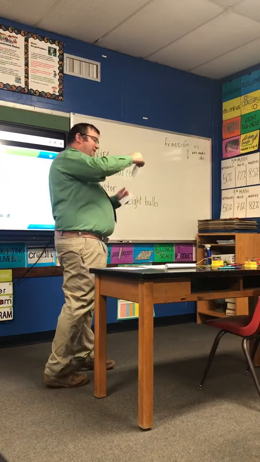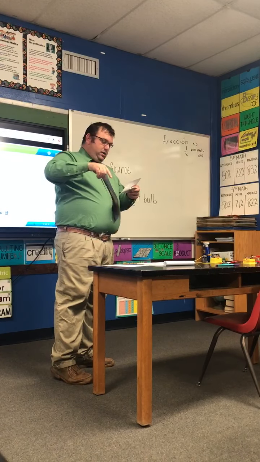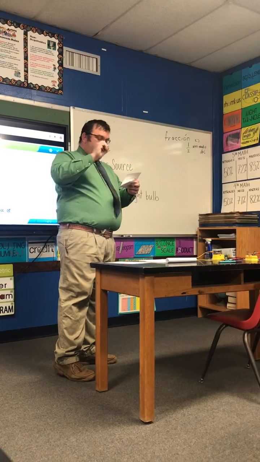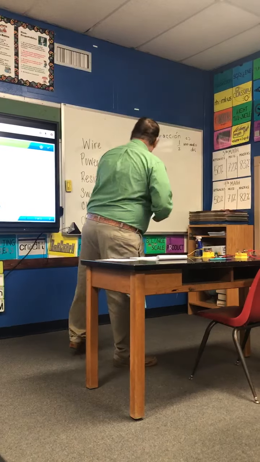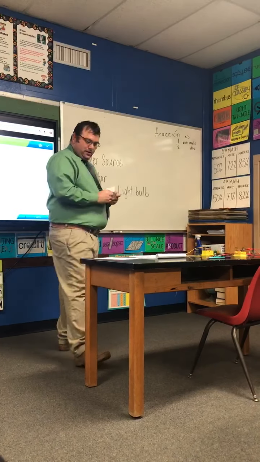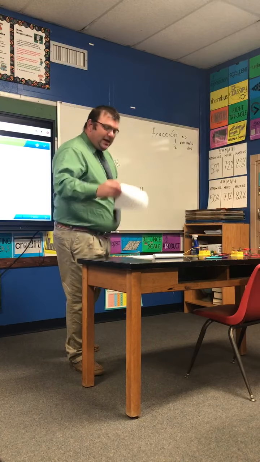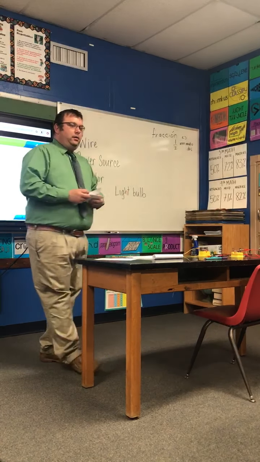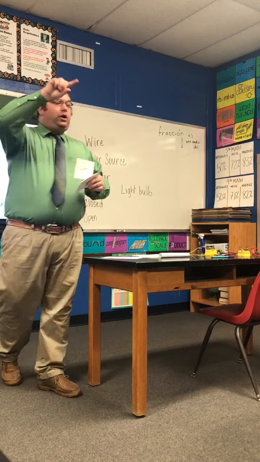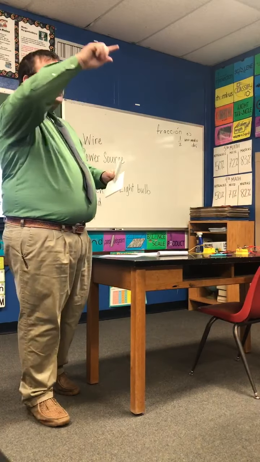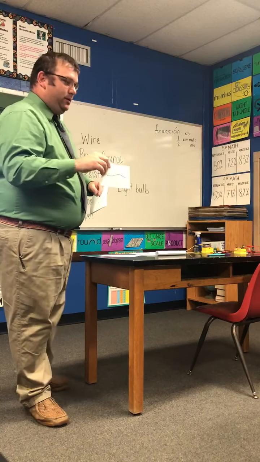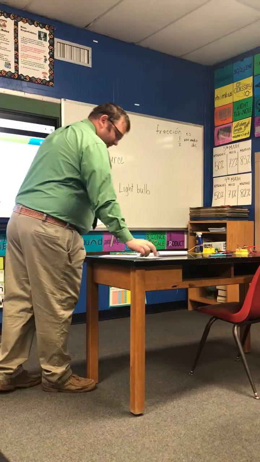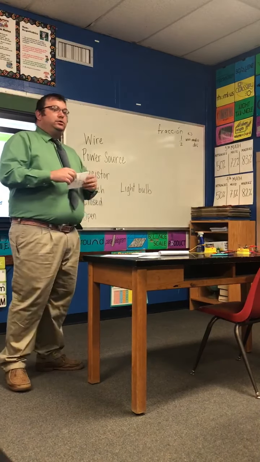Remember that the wire inside is the conductor, but the plastic coating around is the insulator, okay? Wires, you write it in there. All right, so find that symbol on your paper and write it in right now, okay? All right, wires are very important. That's where the electricity runs through, okay? All right, everybody got that written down? All right, wire was the first one.